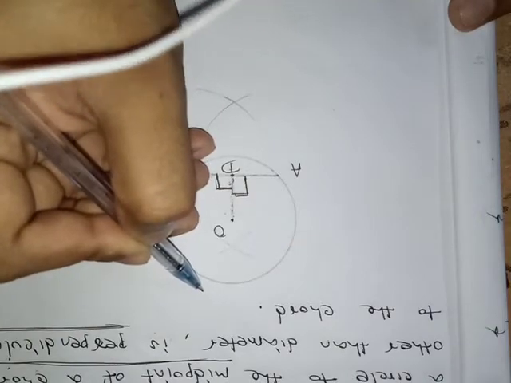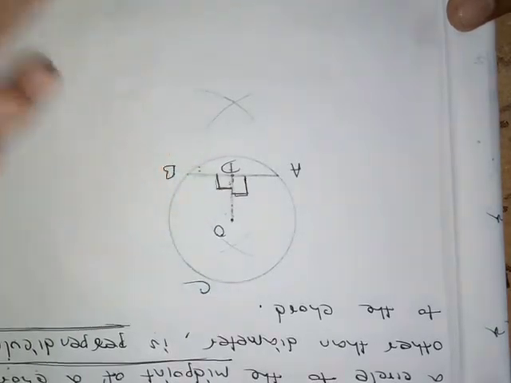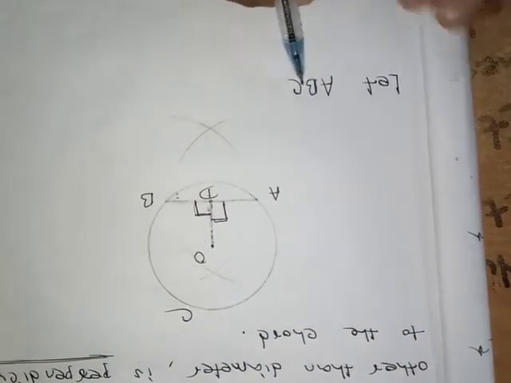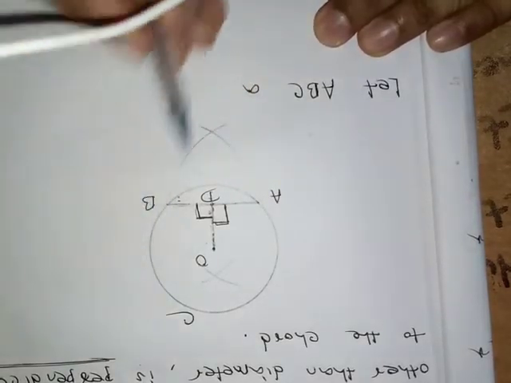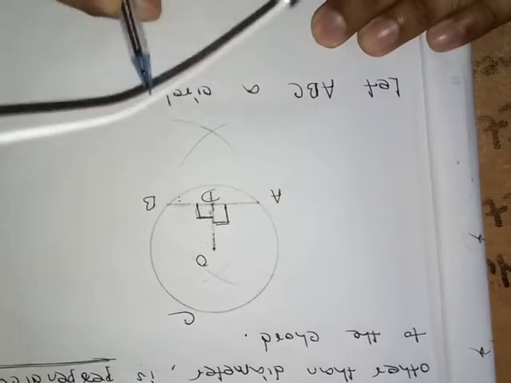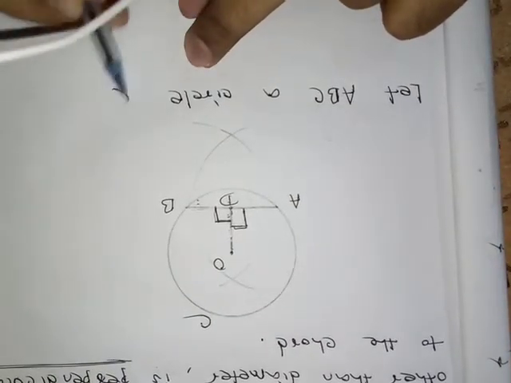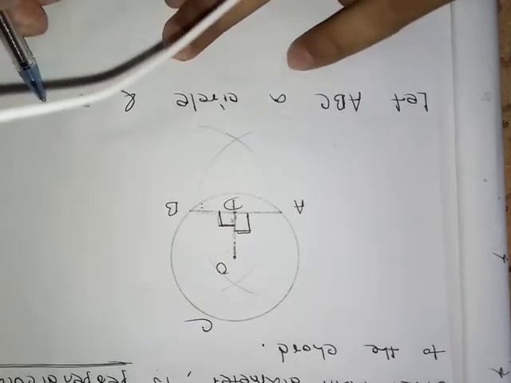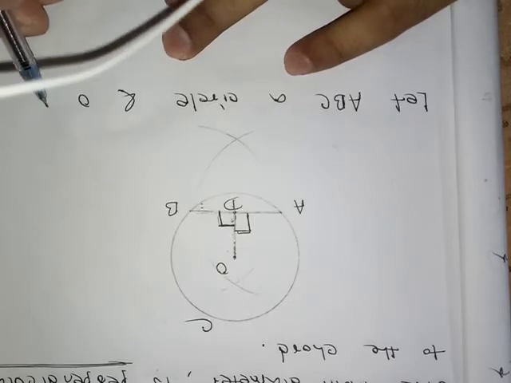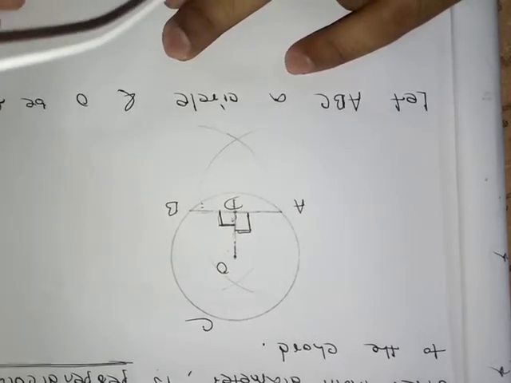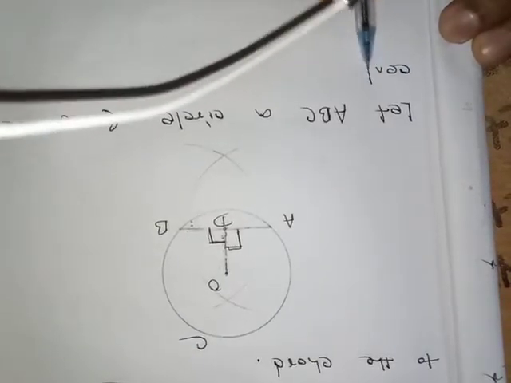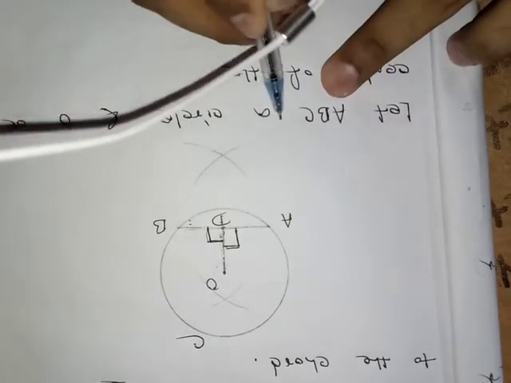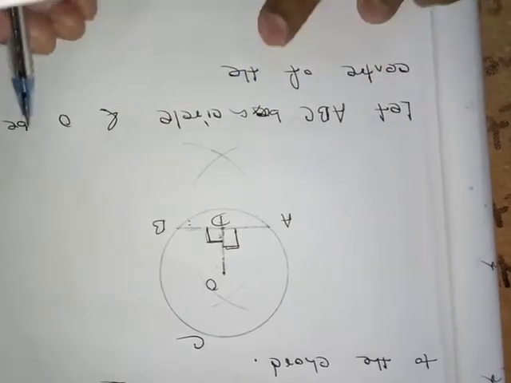Let this be C. Well, let ABC be a circle and O be the center of the circle.